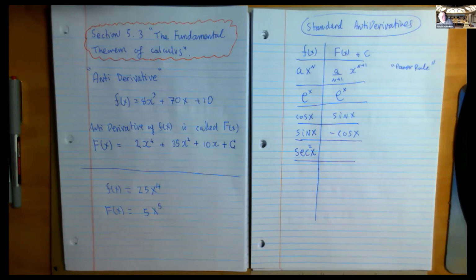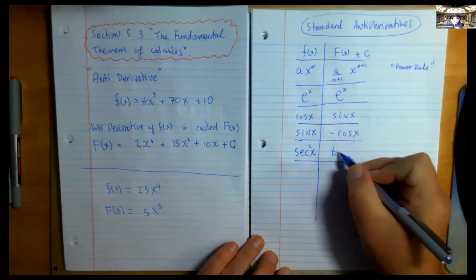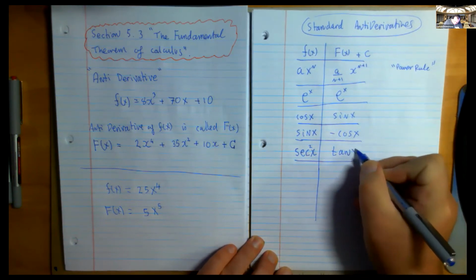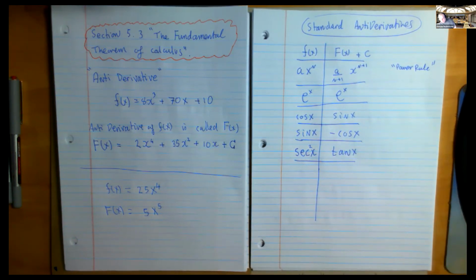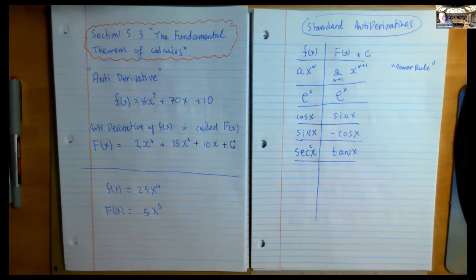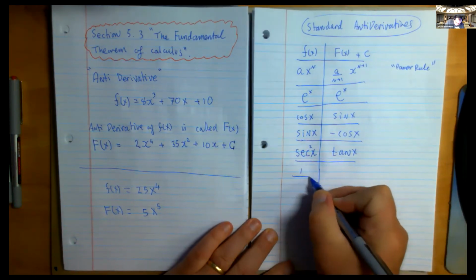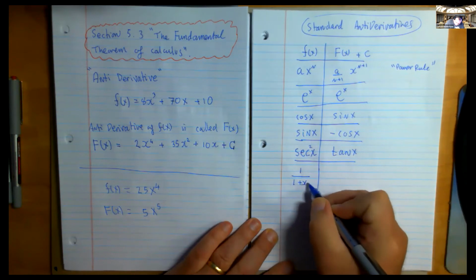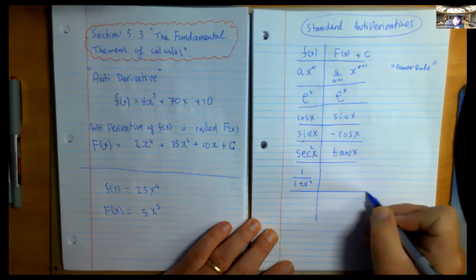What's the antiderivative? Tangent? Yeah, it's a little bit hesitant, but it is. There's a fair amount of memory required in these standard antiderivatives, right? You just have to have a good memory for them. Here's another, even less common one, but it does happen.